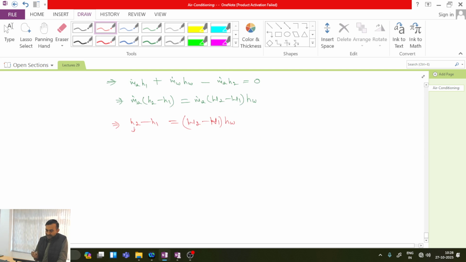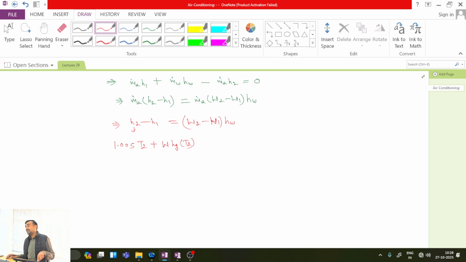Now let's split this. What can I write? 1.005 into T2 for dry air plus W into 2500, and so let's not split it, simply write Hg at T2. W refers to the content of water, and Hg at T2 refers to the enthalpy of water vapor in the gaseous phase at state T2.